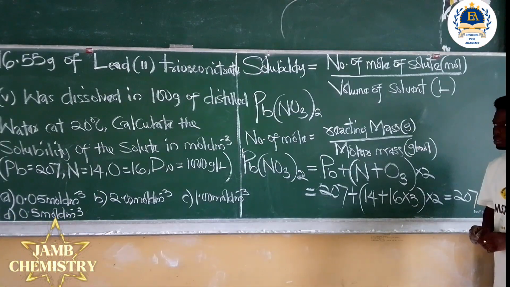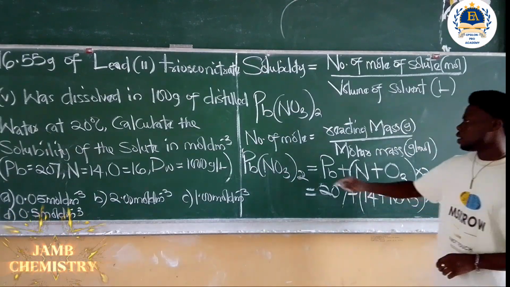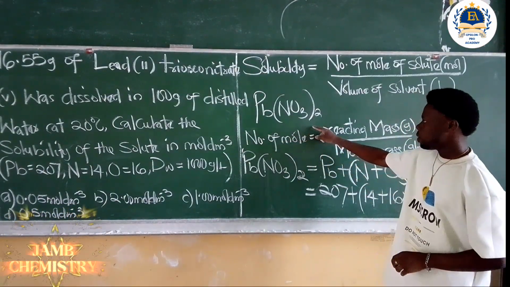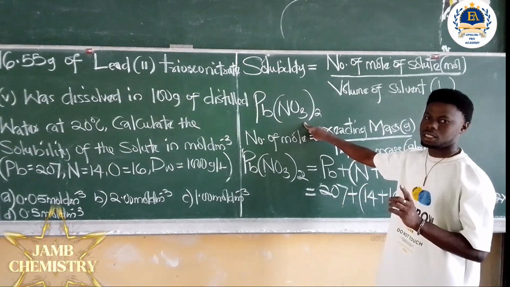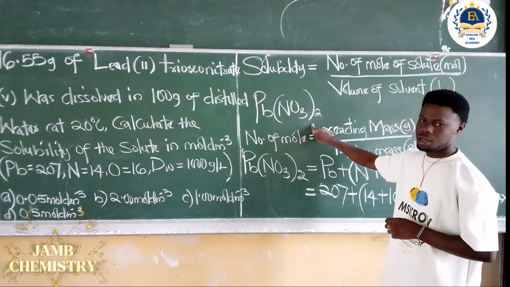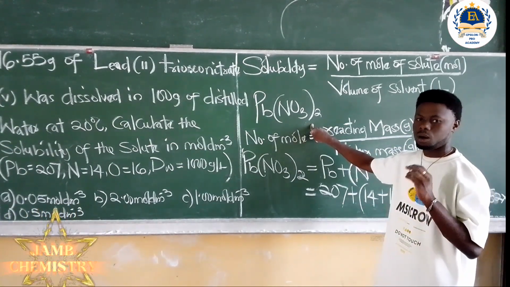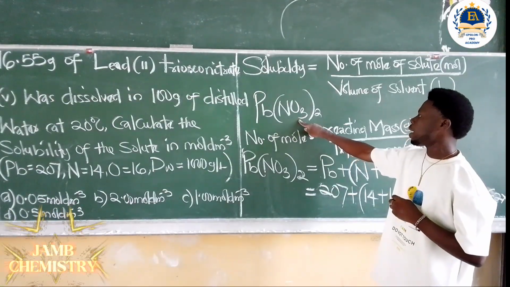Now take note of this. From the compound given, lead(II) trioxonitrate(V), the bracket has a subscript of 2. That is to say, we are going to multiply the value obtained in the bracket by 2.